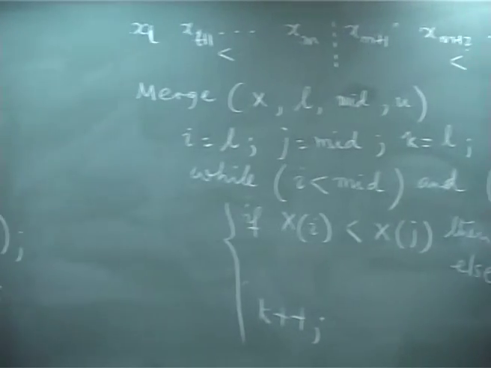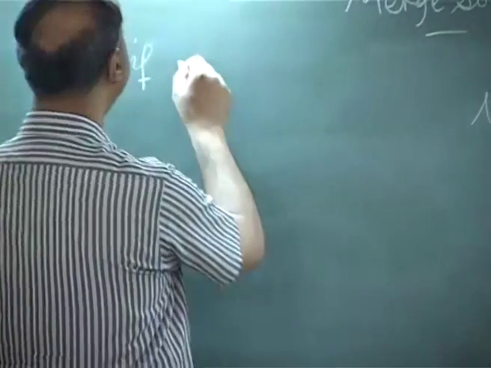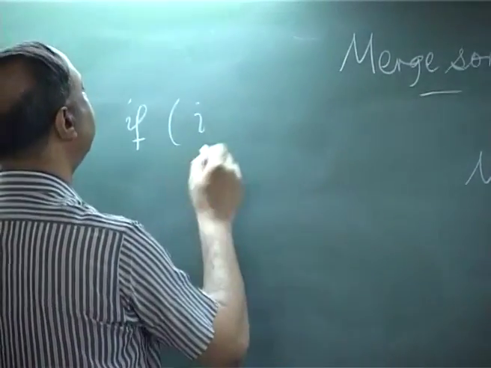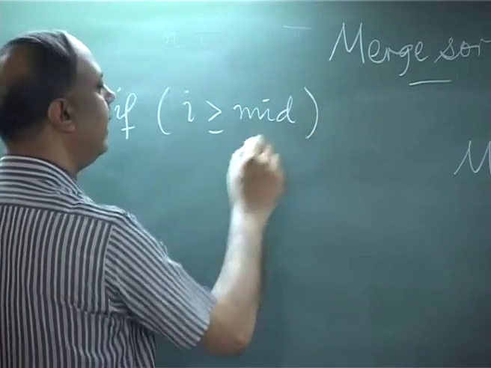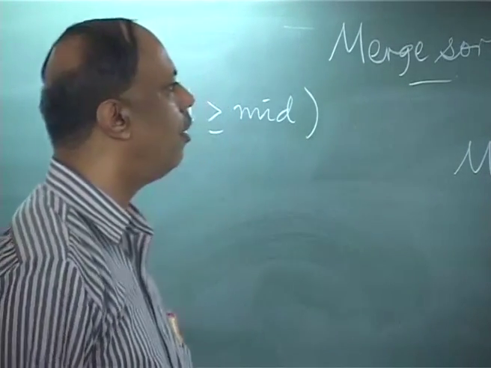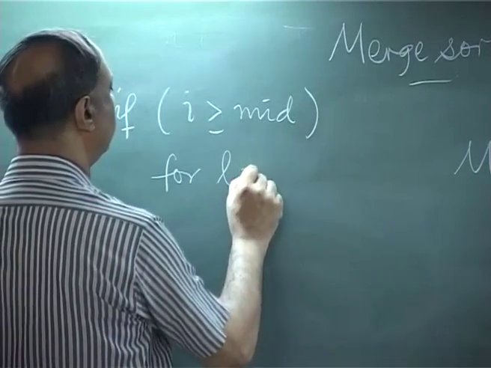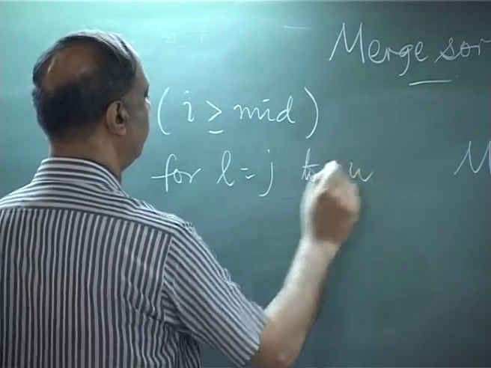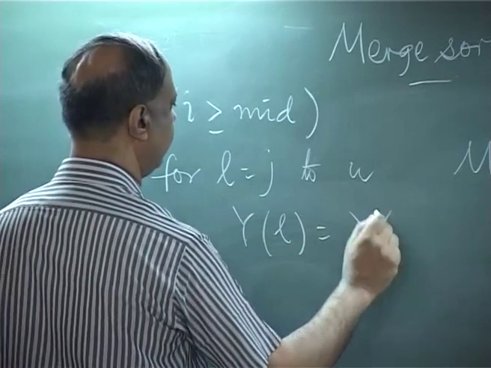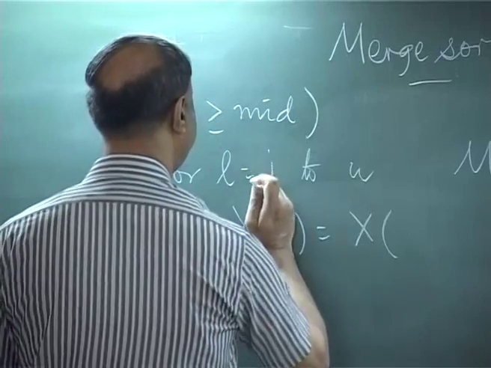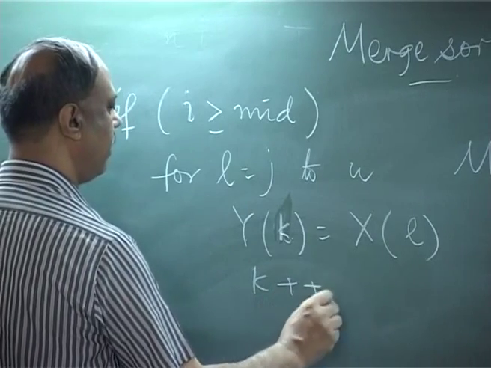Now, this can be done like this: if you find that I is greater than or equal to mid, then there exist some elements of the second subsequence to be shifted, that is, for L equals j to u, y of k is equal to x of l, and k is increased by 1.